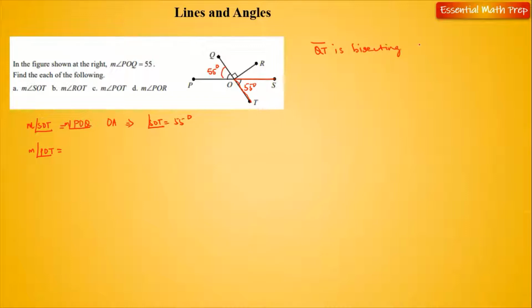That means if you add angle POT plus angle POQ, that'll be 180 degrees. We already know POQ is 55 degrees.